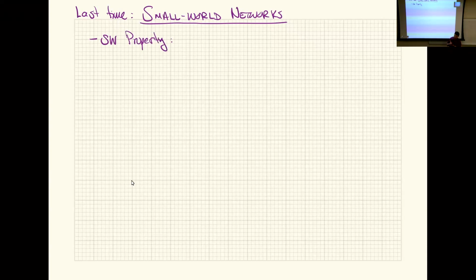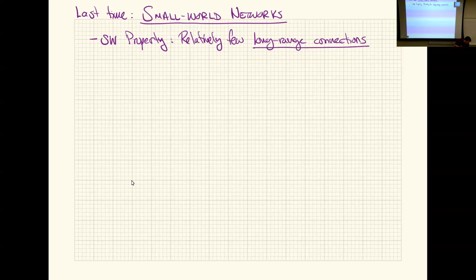which, roughly speaking, I'll define the same way I did last time: for the size of the network, we have relatively few long-range connections, but a small average path length.